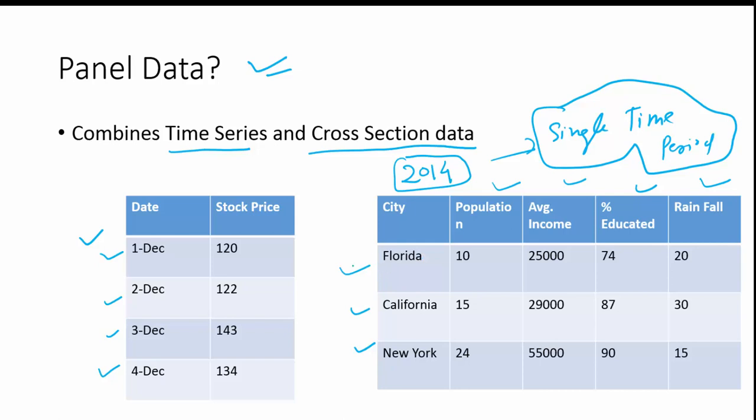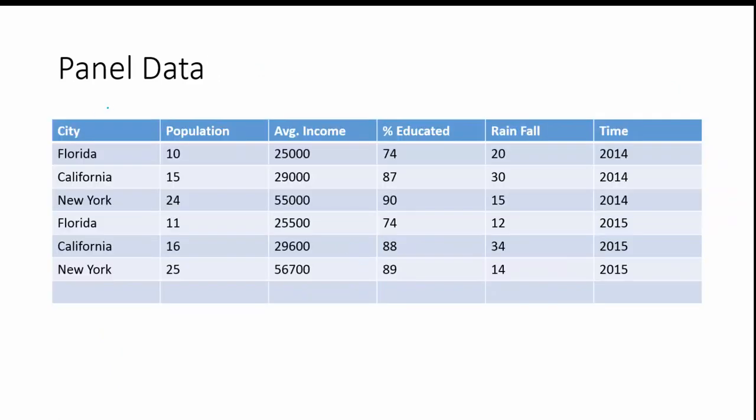So let's take an example to understand. So here is an example. Remember in the last slide we talked about a data set which has got information about different cities in United States. So we've got data for Florida, California and New York. So we've got data for population, average income, percentage educated, rainfall, and we have got another column here which is time. Remember in the previous slide we talked about the cross section data which has got data for only 2014, but here we have got the same data for 2015 as well.